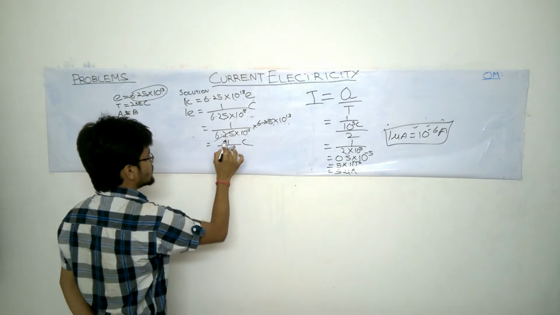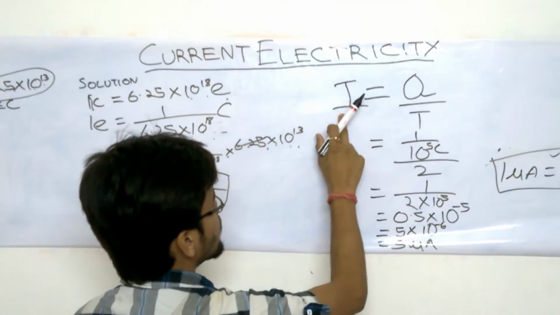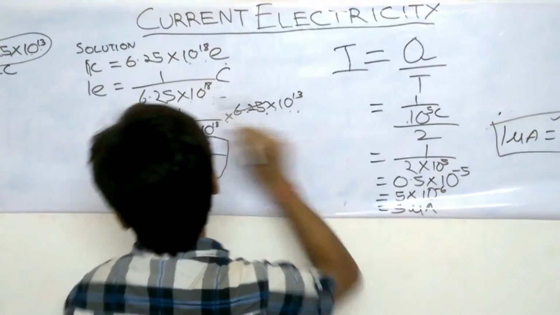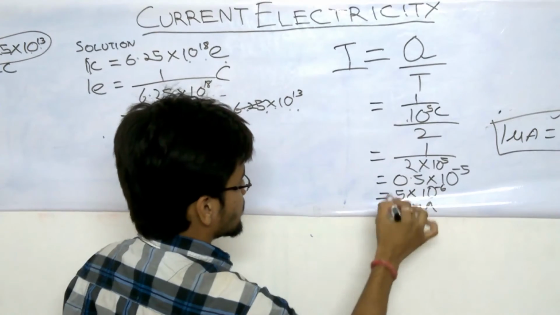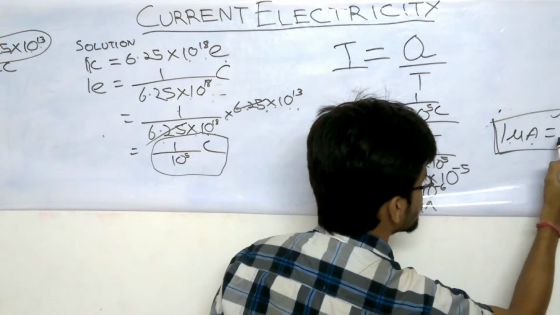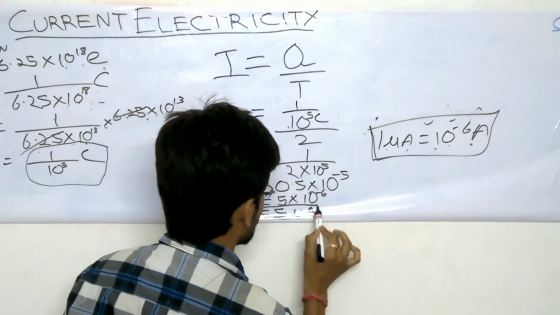These two get cancelled, so we got 1 by 10 to the power 5 coulomb. Now we know current is charge by time. This was charge, time was given 2 seconds. So we did some calculation, and since we know the relation 1 microampere equals 10 to the power minus 6 ampere, we got the answer as 5 microampere.